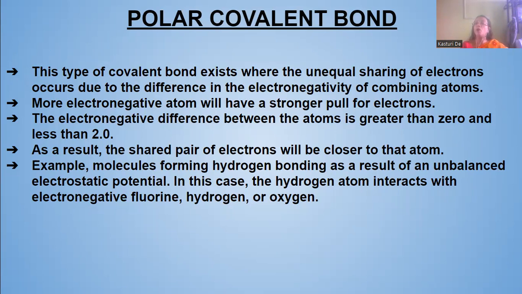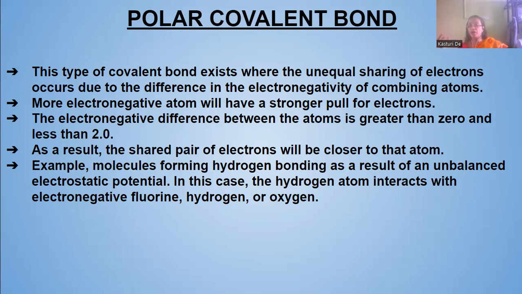For example, molecules forming hydrogen bonding as a result of unbalanced electrostatic potential. In this case, the hydrogen atom interacts with electronegative fluorine, nitrogen, or oxygen, and the sharing of electrons will be closer to that atom. The electronegativity difference should be greater than 0 and less than 2.